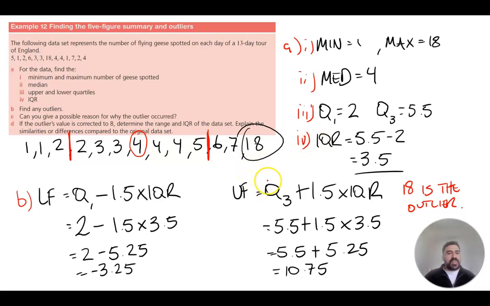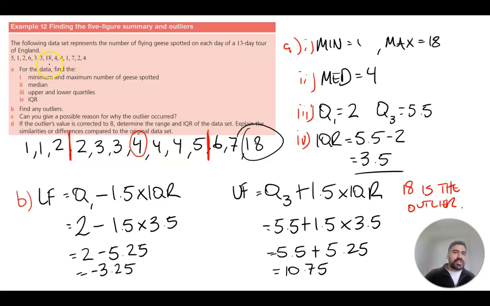All right, last question. If the outlier's value is corrected to 8, determine the range and IQR of that data set. Explain the similarities or differences compared to the original data set. Now, I'm not going to show you the working out to this, but if that outlier value is corrected to 8 as opposed to 18, that could have a massive influence on what the lower fence and the upper fence range is, because your IQR is potentially going to change.